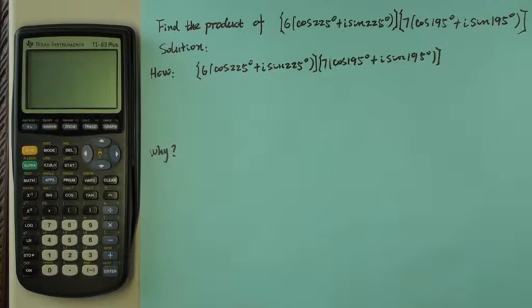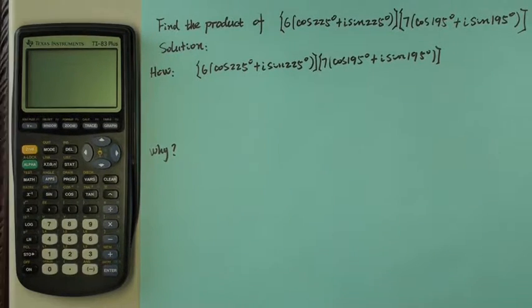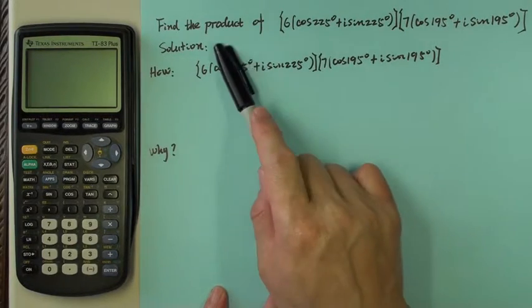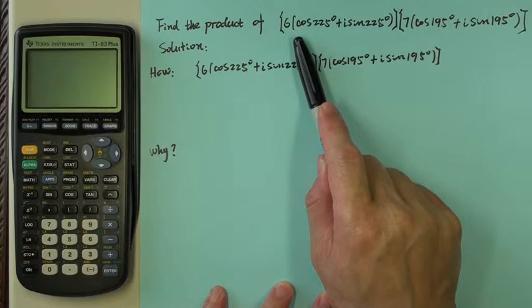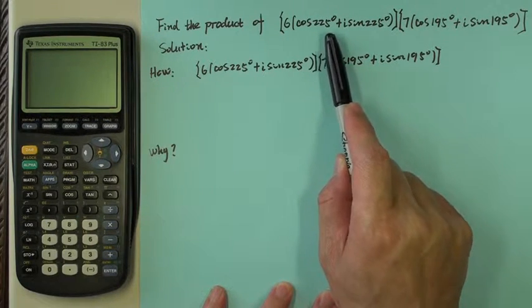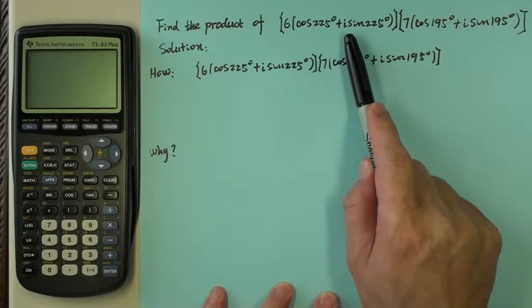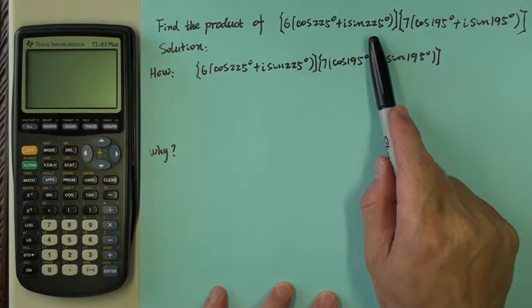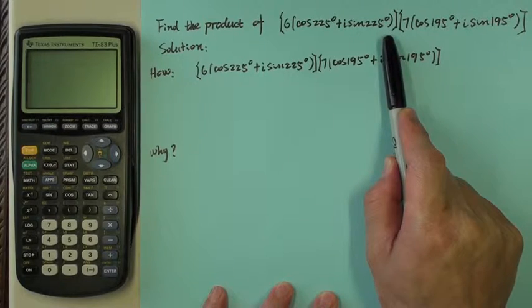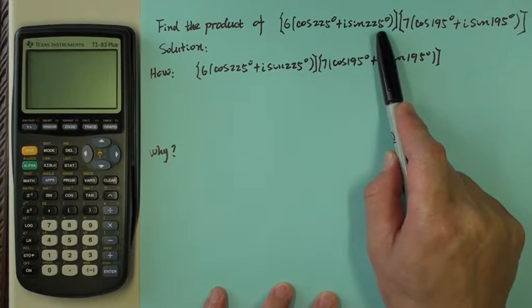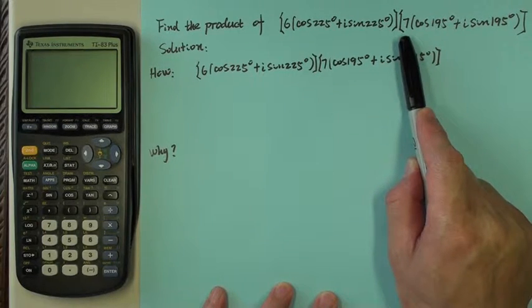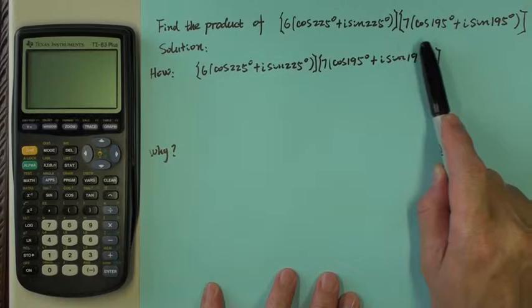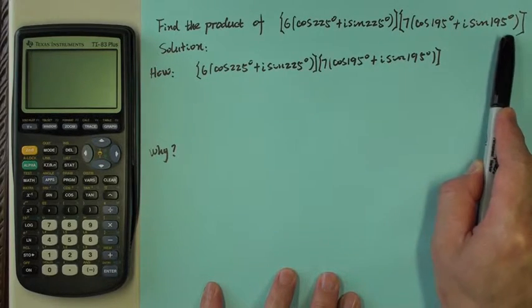In this lecture, let's look at a few examples. The first one is to find the product of 6 times (cosine 225 degrees plus i sine 225 degrees), and then this complex number in trigonometric form times another complex number in trigonometric form.